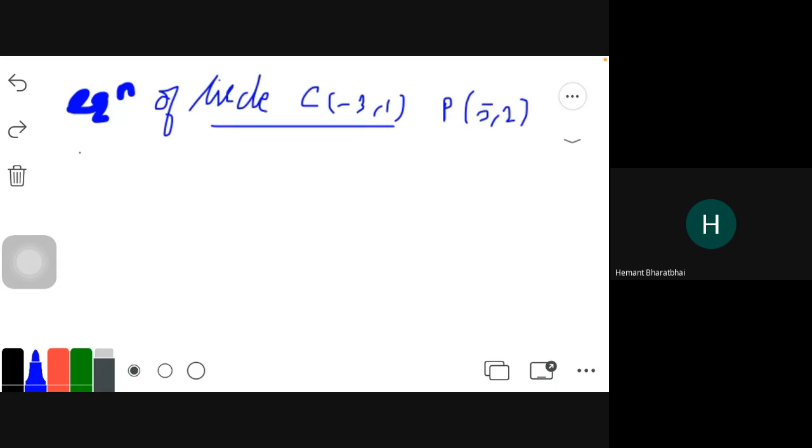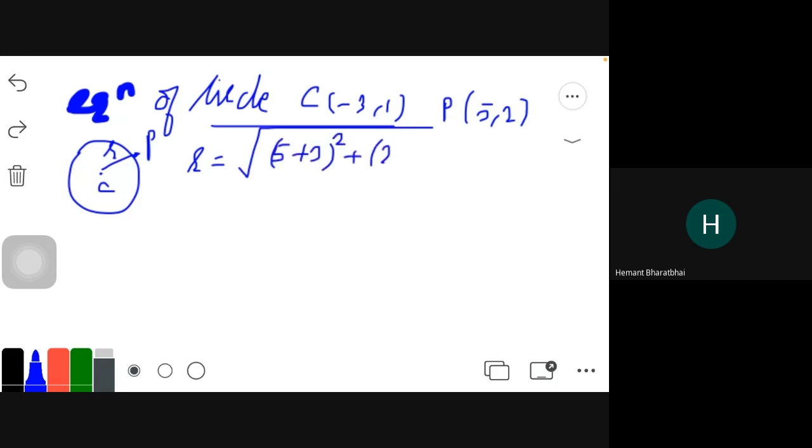Okay, C point is somewhere here, P point is somewhere here, and obviously this is going to be my radius. So I can easily get the radius by the distance formula: 5 plus 3 the whole square plus 2 minus 1 the whole square. That is 8 square, that is 64, and 1 square, that is 1, so root 65. So my r square will be nothing but 65.